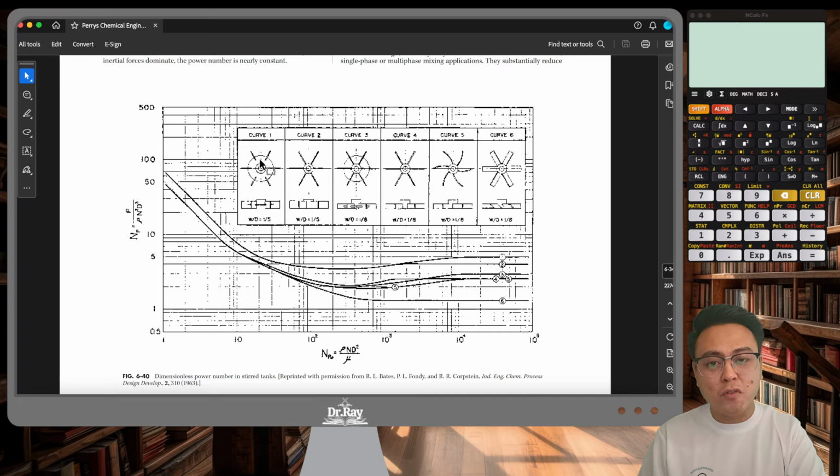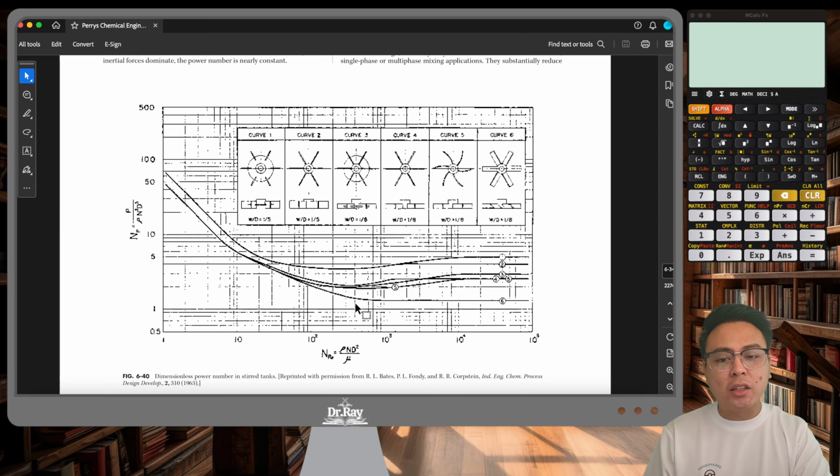For example, curve 1 has a central disc. Same with curve number 3, and from there you have your blades attached. Curve number 2 doesn't have a central disc. Same with curve number 4, but both of them have straight blades. Curve number 5 has a curved blade, and curve number 6 has oblique blades. They are angled slightly.